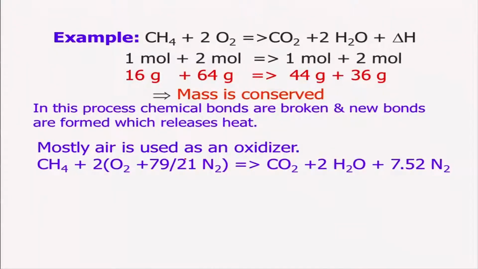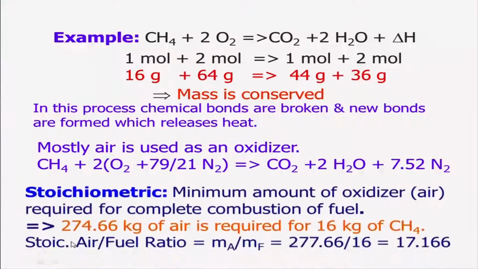We are neglecting the other gases, which are in negligibly small proportion. So, 1 mole of methane is reacting with 2 moles of oxygen, with the accompanying nitrogen, going to 1 mole of carbon dioxide and 2 moles of water, and of course 7.52 moles of nitrogen.